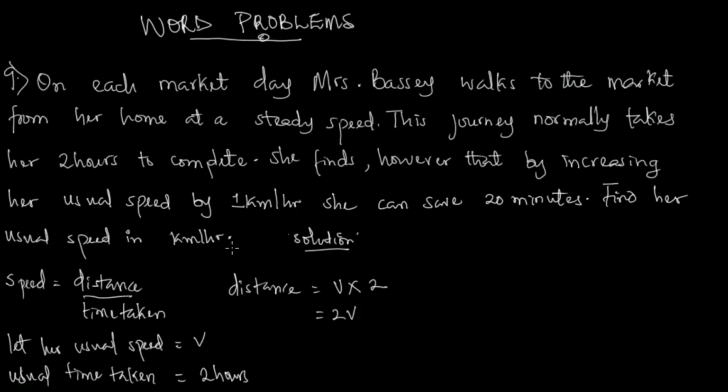Now she finds that by increasing our usual speed by 1 kilometer per hour, the new speed is equal to the usual speed plus 1. So v plus 1 is the new speed.